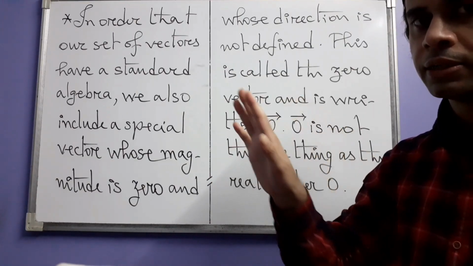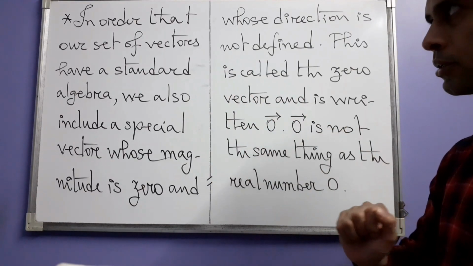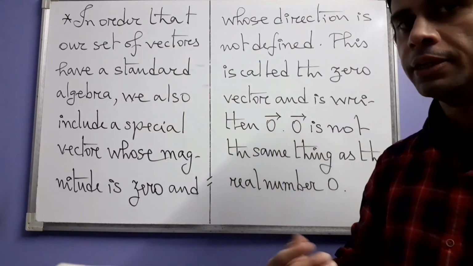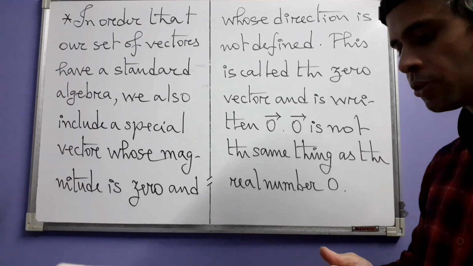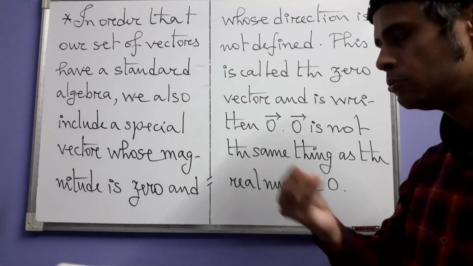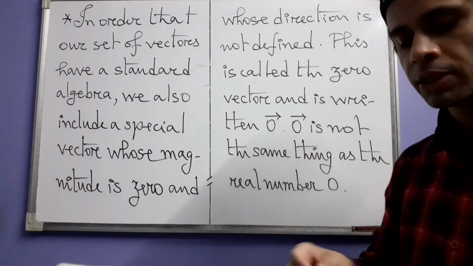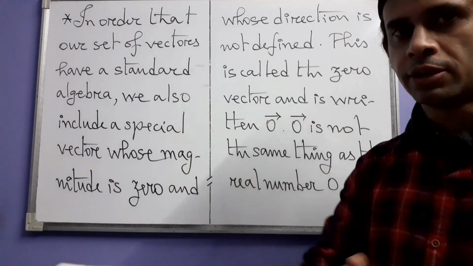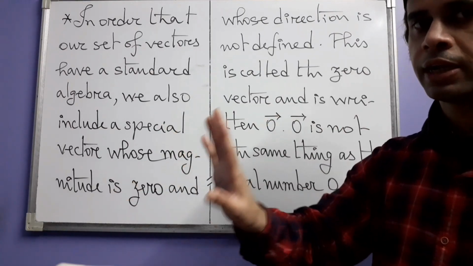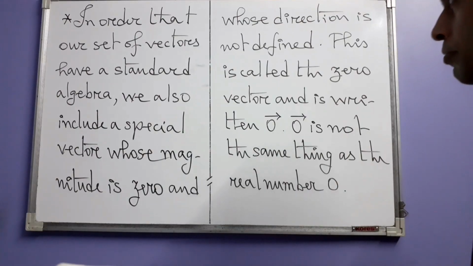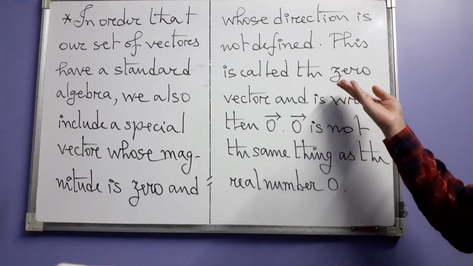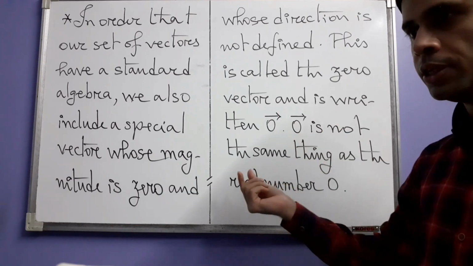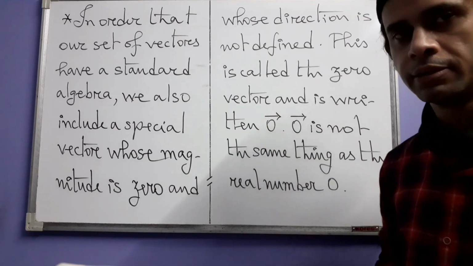It's not covered in that definition. But in order to have a standard algebra of vectors, we need this. So we are forcefully including this new abstract quantity into the collection of ordinary vectors, where each one has magnitude and direction. And this of course is called the zero vector and is written like this, 0 with an arrow overhead.